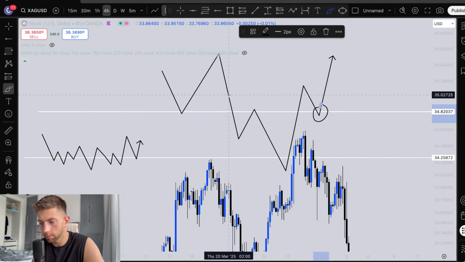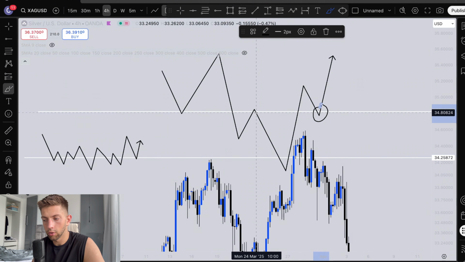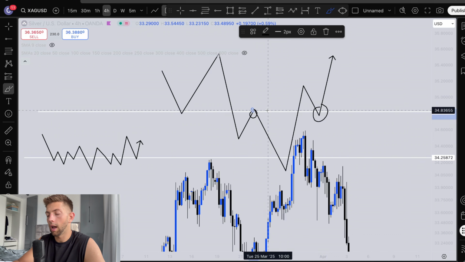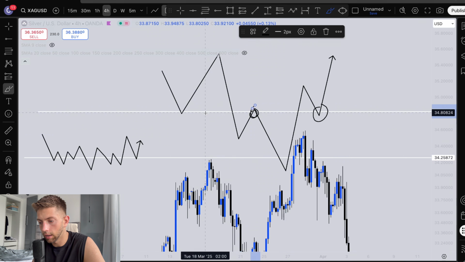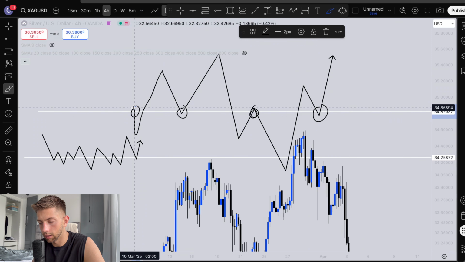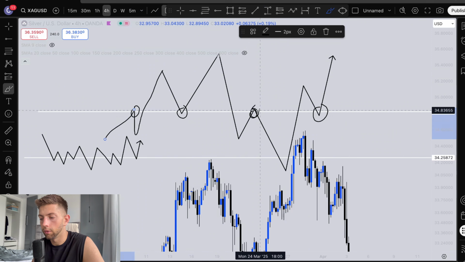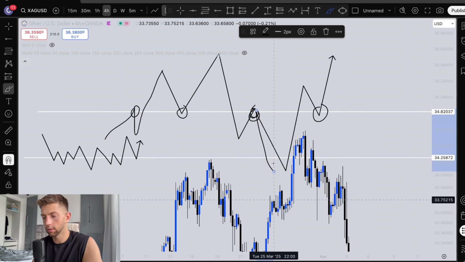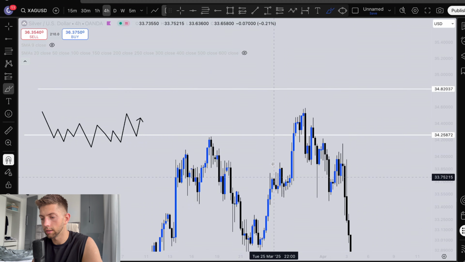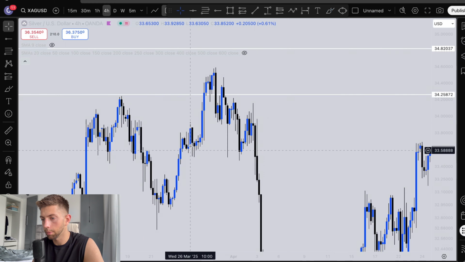If I'm bearish, price breaks that level, retests that level, and price is currently here, I'll be thinking there is a real high probability that we are going to reject this level like we did in the past, and continue to the downside. That's the type of levels that I want to see and that I'm going to draw.